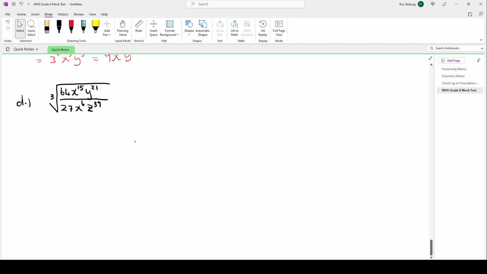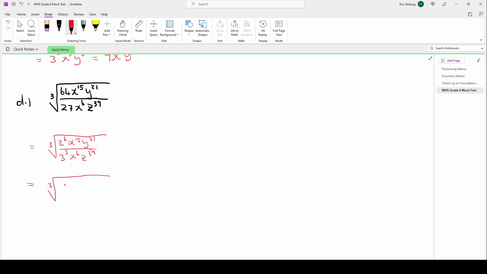question for this memo, we're going to have the cube root. And again, let's do the prime factorization method. So 64 is 2 to the power 6. And then we still have x to the power 15, y to the power 21, over 27 is 3 to the power 3, x to the power 6, z to the power 39. Okay, so what do we see here? There are x's at the top and the bottom. So let's first simplify that bit.